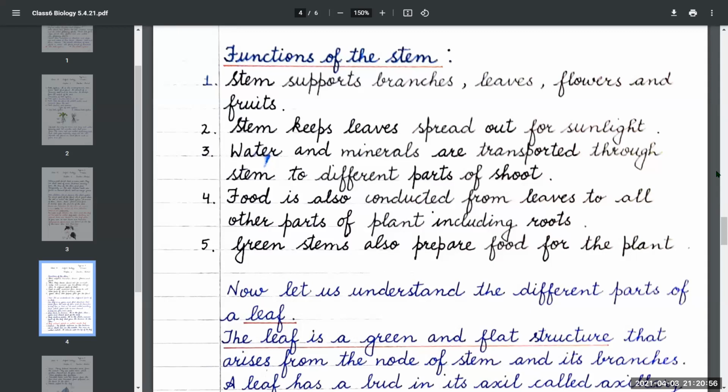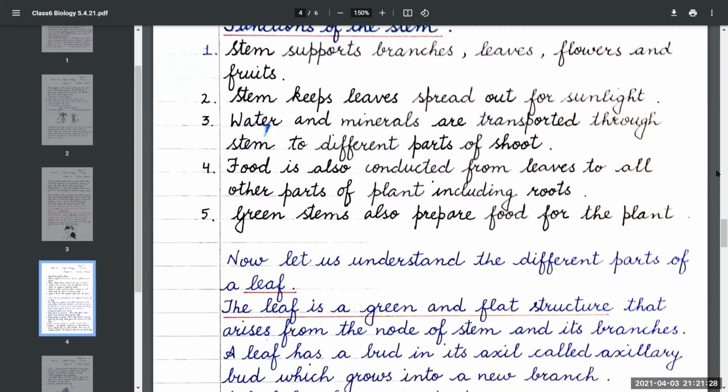Water and minerals are transported through stem to different parts of shoot. Food is also conducted from leaves to all other parts of plant, including roots. Green stems also prepare food for the plant.